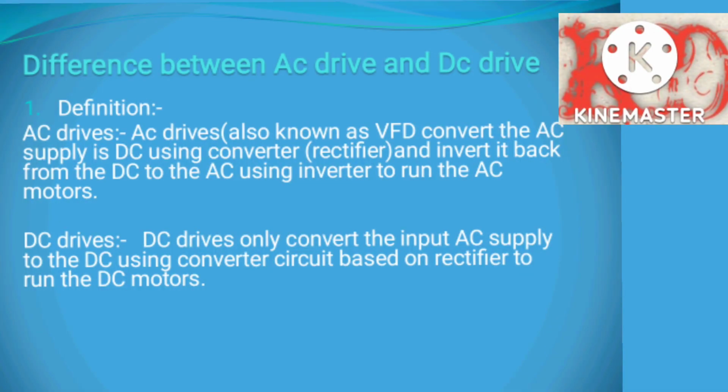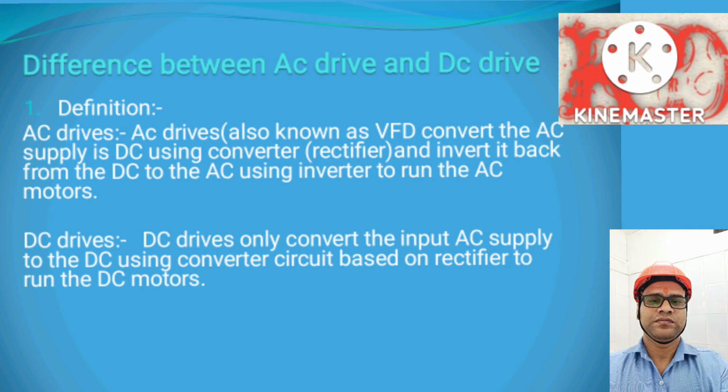Let's start with the first step, definitions. AC drives, also known as VFD, convert the AC supply to DC using a converter as a rectifier and invert it back from the DC to the AC using an inverter to run the AC motors.